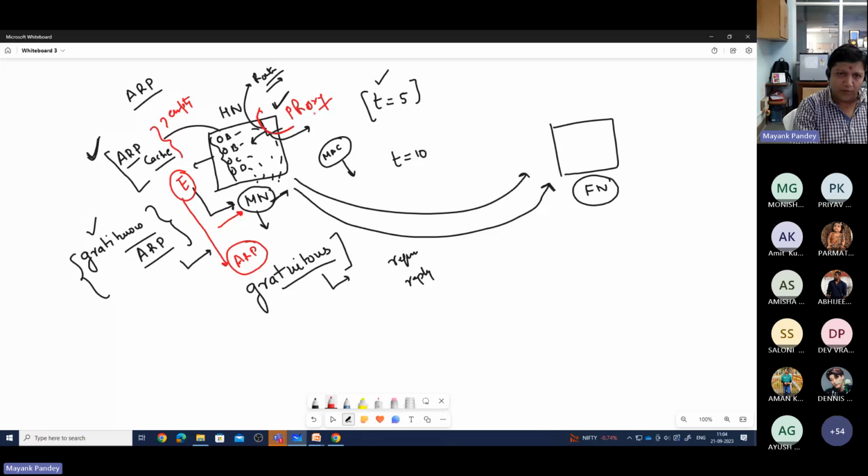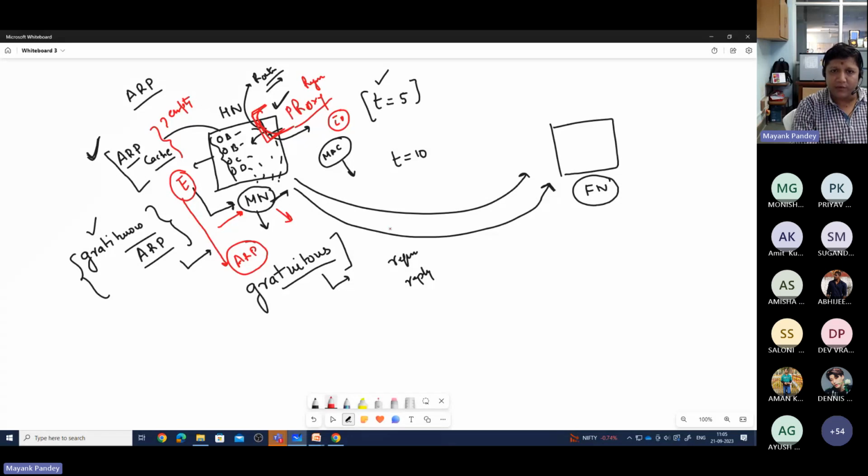If a home agent gets an ARP request which is trying to get the MAC address of a mobile node which has already moved away, this is known to the home agent because of registration. So the home network or home router will also receive this ARP broadcast. It will see whether this IP address has moved away.